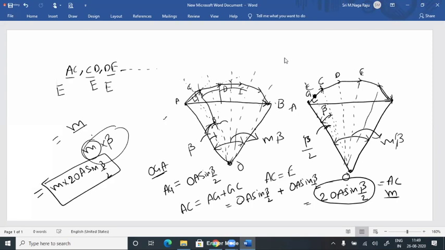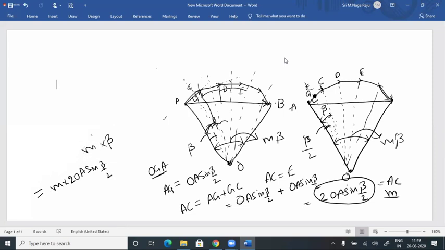Now tell me, this M into 2 OA sine beta by 2 is the arithmetic sum or vector sum?